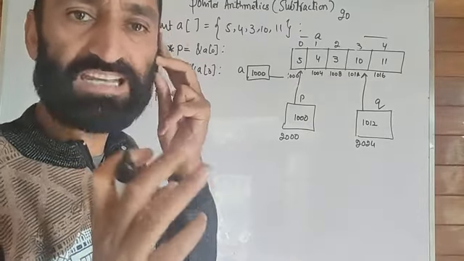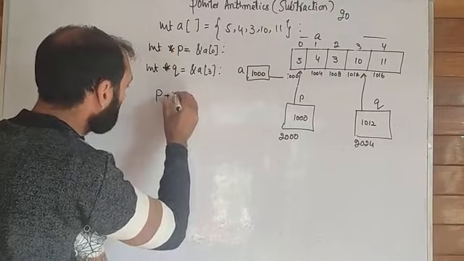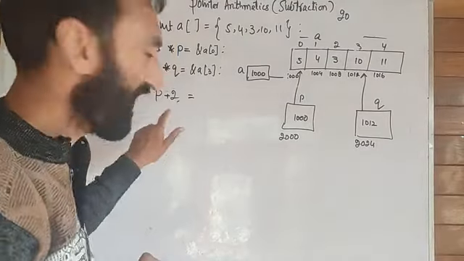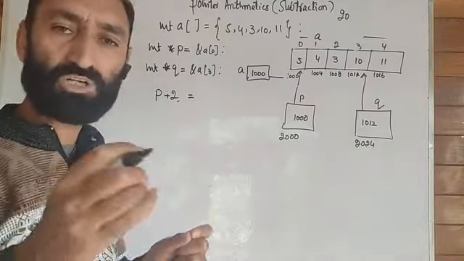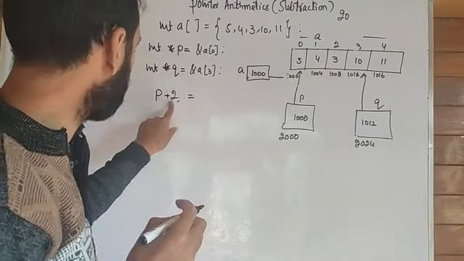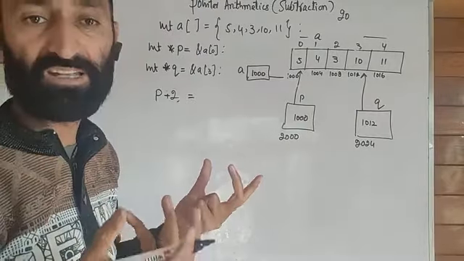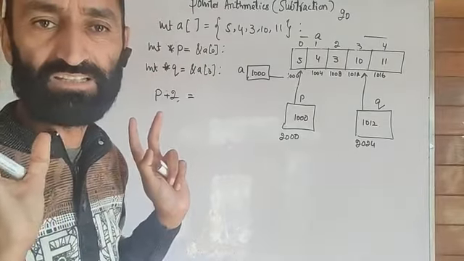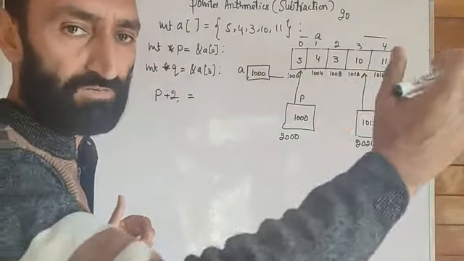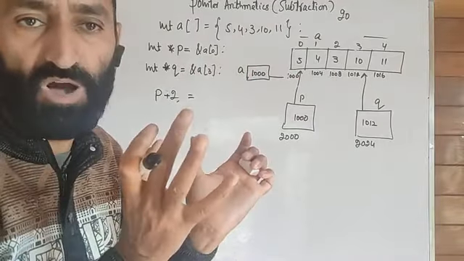But we can add integers to pointers in C. We can add 2, 0, 1 to a pointer: P plus 0, P plus 1, P plus 3, P plus 4, whatsoever we want we can add. But we cannot add two pointers directly in C. That is illegal, which I have already told you in the previous video where we discussed the addition operation on pointers.